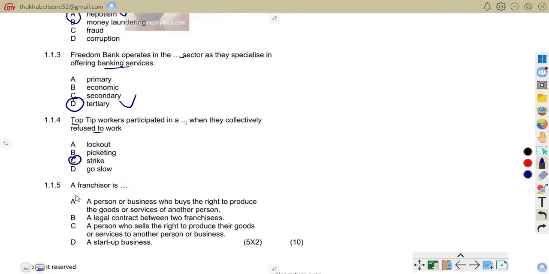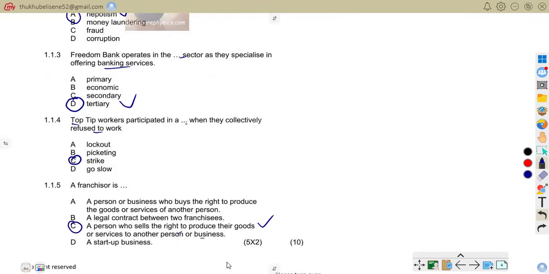So 1.1.5, where we talk about a franchise. A franchisor is, and we're given these four options: a person or business who buys the right to produce, a legal contract between two franchisees, a person who sells the right to produce their goods or service to another person or business, a startup business. The correct answer is C. A franchisor is someone who sells the right to produce their goods or services to another person or a business.